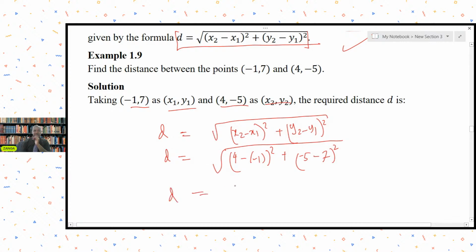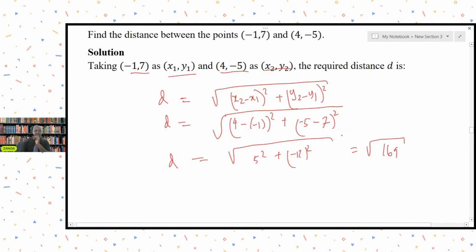So distance d, dear students, will be square root of 5 square plus negative 12 square. And this is going to be square root of 169. So distance d will be 13 units, dear students.